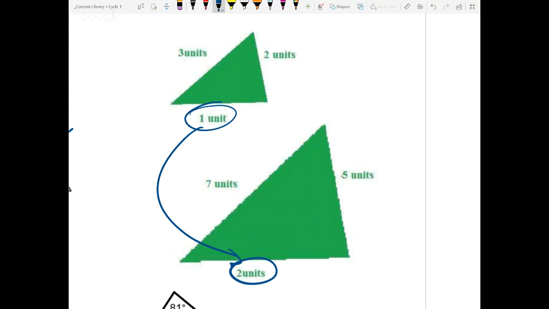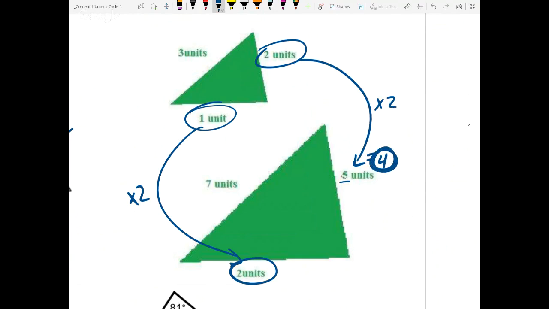What did you have to multiply it by? By 2, specifically. Good. We multiplied this one by 2. So what should we have to multiply this one by? We have to multiply them all by the same number, which would give us 4. But what is it? 5. And when we multiply this one by 2, what should it give us? 6. But what did it give us? So this one is not similar.